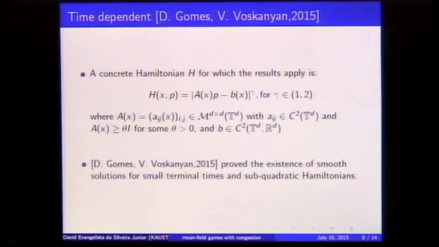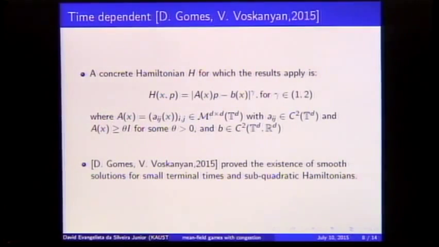The term b, the vector field b, acts as penalizing some directions. Just because, for example, if you have one ice cream seller and a lot of people trying to reach it, what happens is congestion, then we must avoid that direction, and the term that penalizes this direction is the term b. And we are dealing with the subquadratic case, which is this power gamma, between 1 and 2.